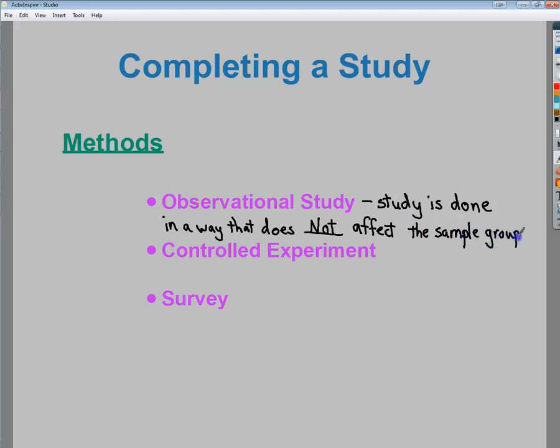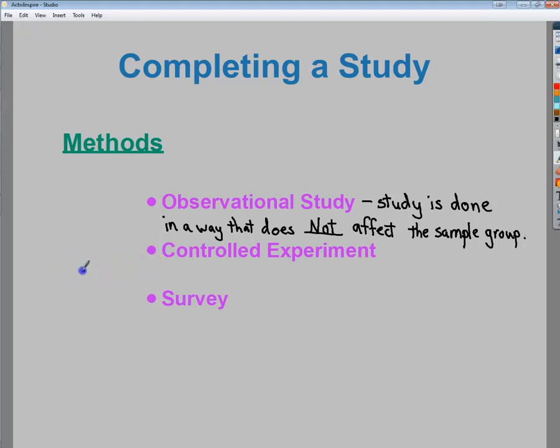So an observational study is just kind of where you watch what was going to happen anyway. You're not affecting it, you're not changing anything, you're just sort of observing what's going on in the regular scenario that's there. The next type would be a controlled experiment.